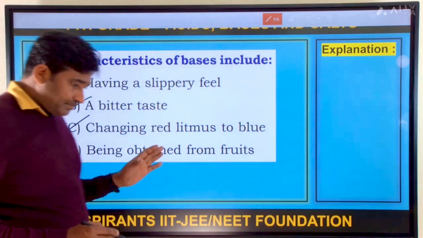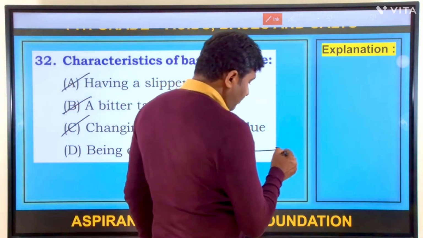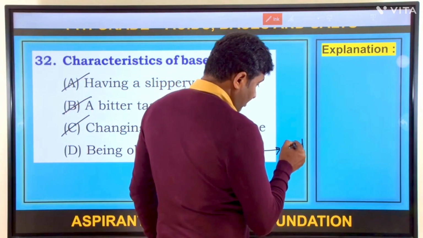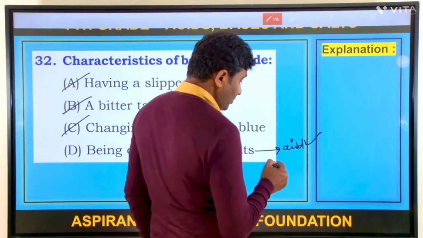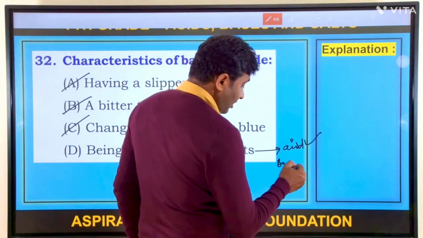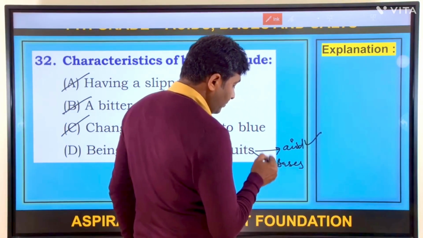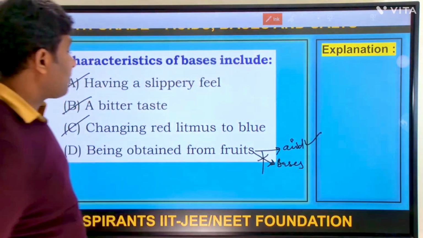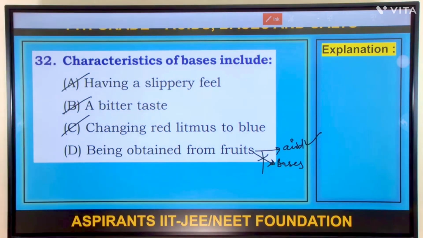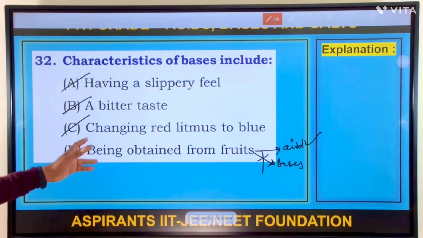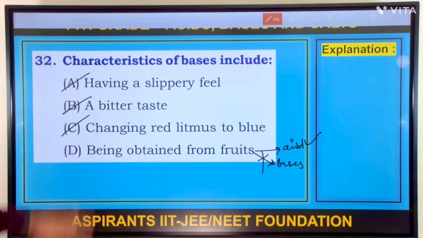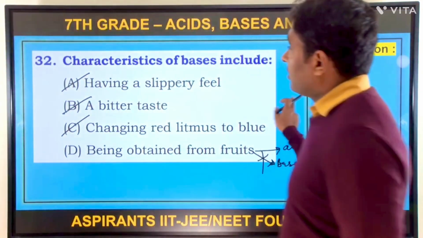No. Generally, acids are obtained from fruits. Bases are not obtained from fruits. So the correct options regarding the bases are A, B, C. Now we go to the next.